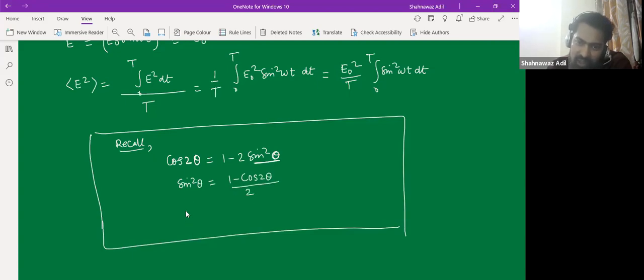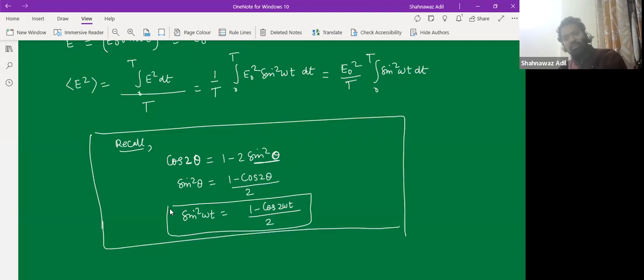So sine square omega t is 1 minus cos 2 omega t divided by 2. And I will put this value in here because I cannot directly take the integration of sine square.